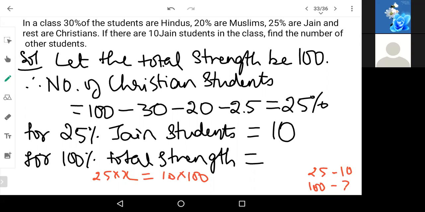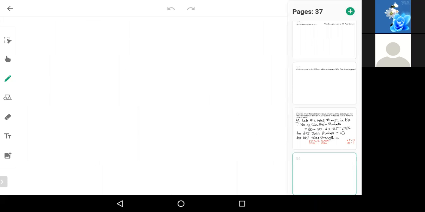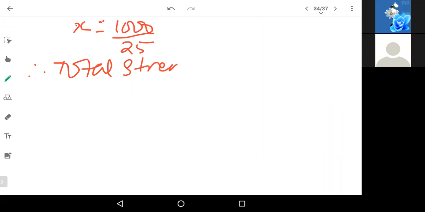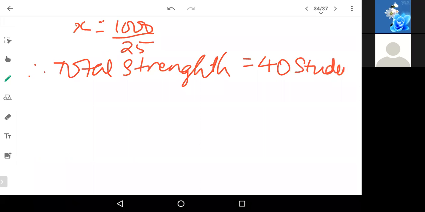So 25x is equal to 1000. X is equal to 1000 by 25. Therefore, total strength is equal to 40 students.